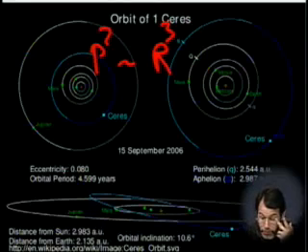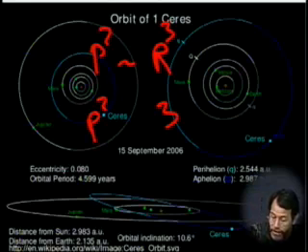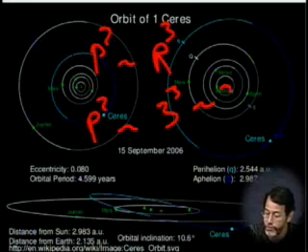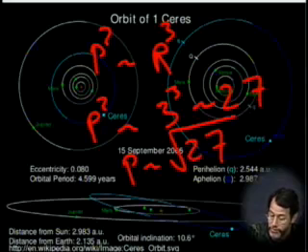So now we know that the radius is 3 cubed. So period squared in years is 3 cubed. What is 3 cubed? 3 times 3 is 9. 3 times 9 is 27. So now the period in years has to be about the square root of 27, because this was squared.